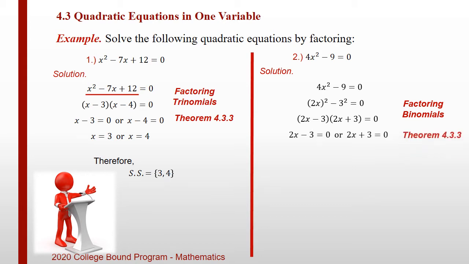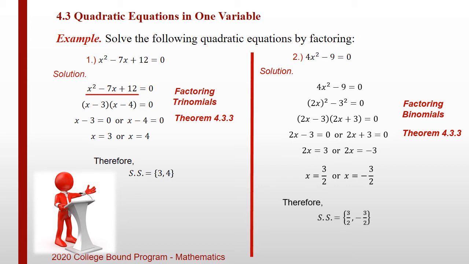By the zero factor theorem, we get 2x minus 3 equals 0 and 2x plus 3 equals 0, which give us x equals 3 halves and x equals negative 3 halves. Therefore, we obtain the solution set, which is the set containing positive and negative 3 halves.